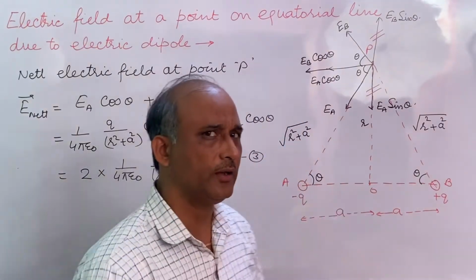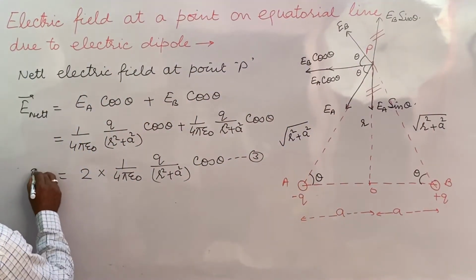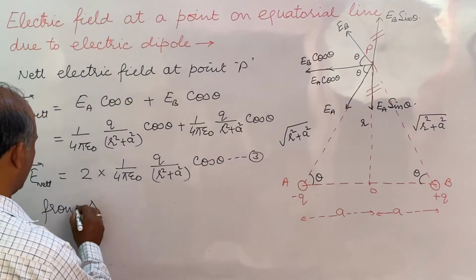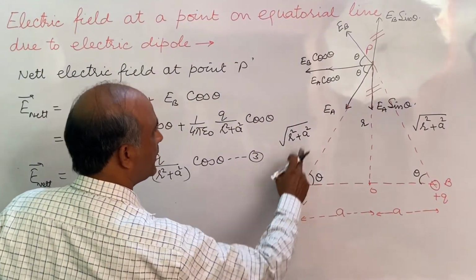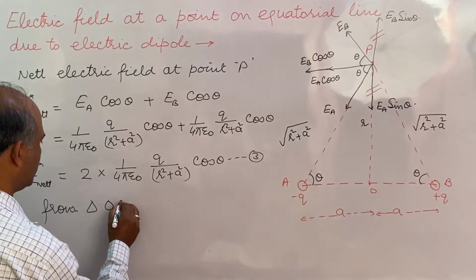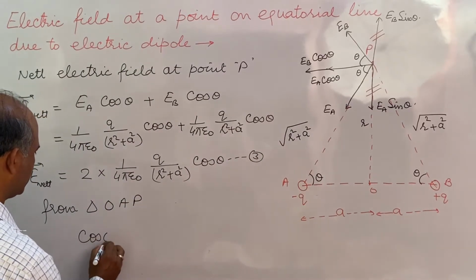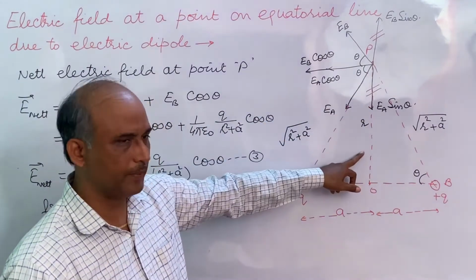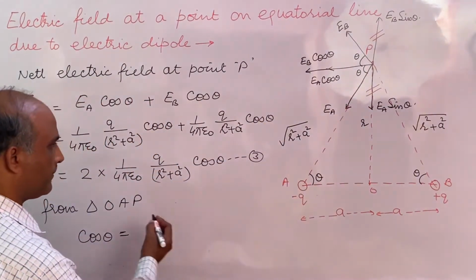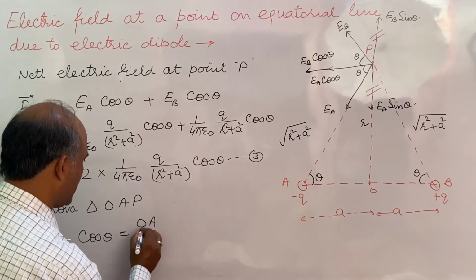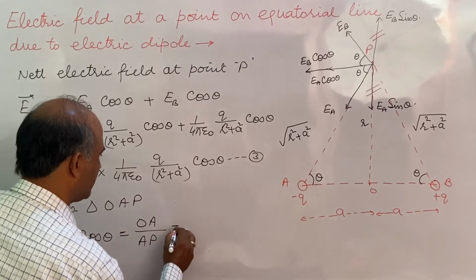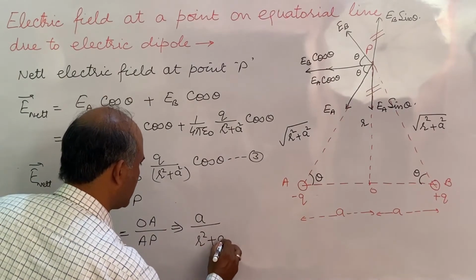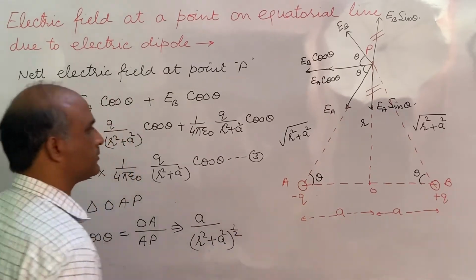Yes. Now from figure, in triangle OAP, cos theta is base upon hypotenuse, so base OA upon hypotenuse AP, that is a upon r square plus a square to the power 1/2.